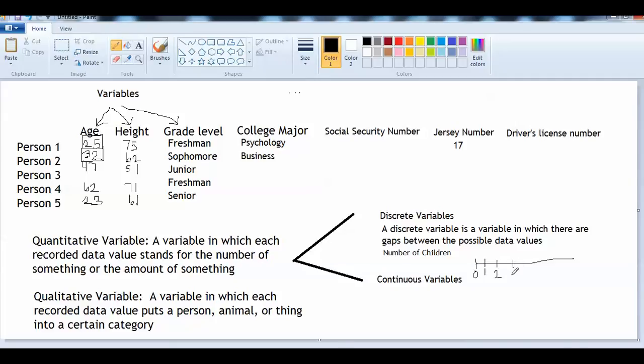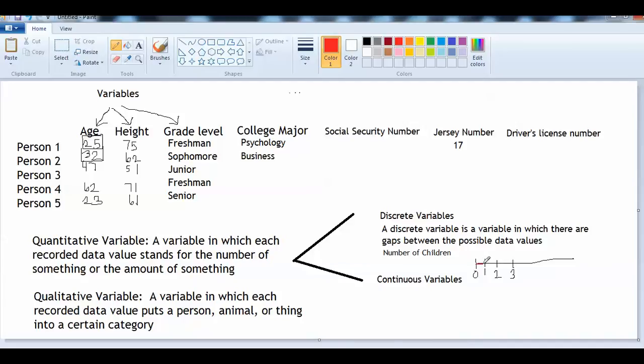A person will never say, I have 2.5 children, or I have 2.7 children, and they'll never say, I have 1.3 children. So in between these possible data values, there are gaps where you'll never find a data value.